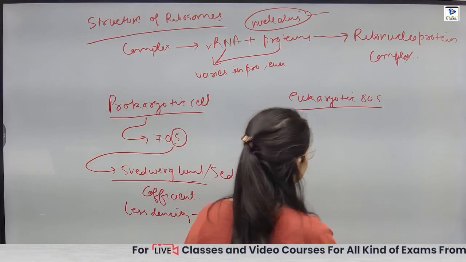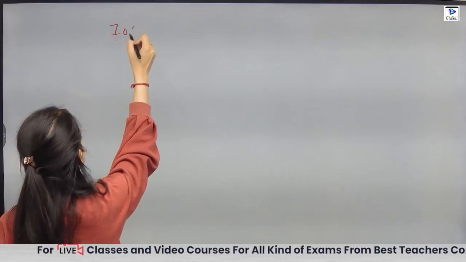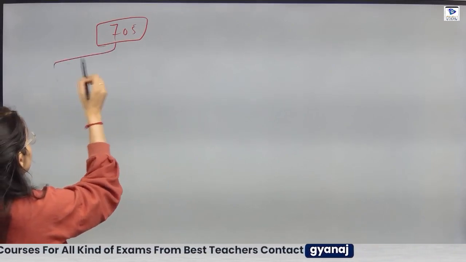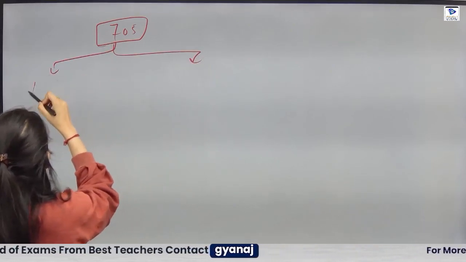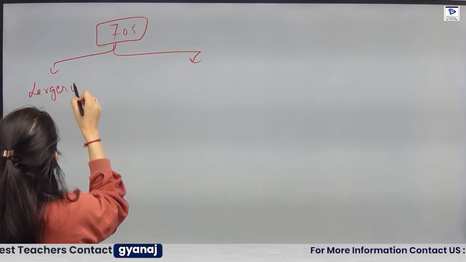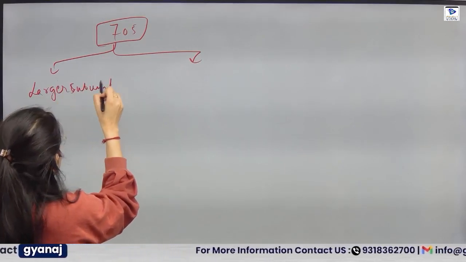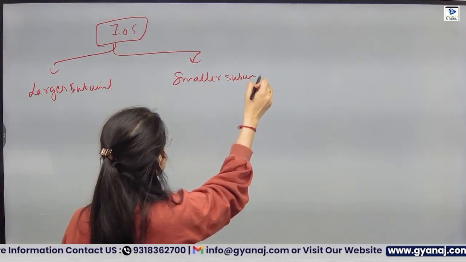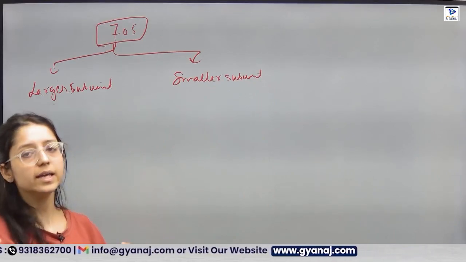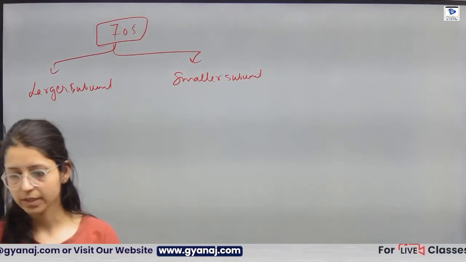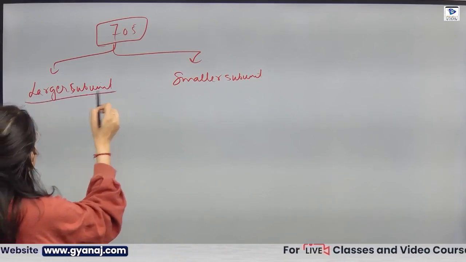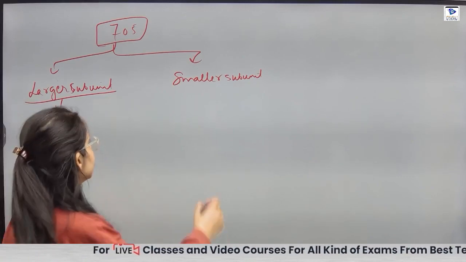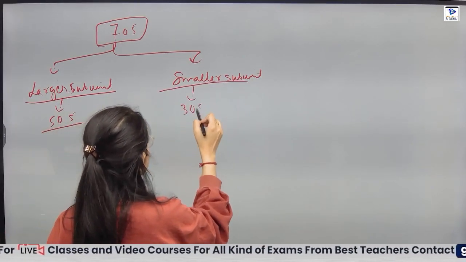So when we say 70S, that is in the prokaryote. 70S is again made up of two subunits: one larger subunit and one smaller subunit. I told you these are made up of rRNA and proteins. So in 70S we have the 50S, the larger subunit, and the 30S, the smaller subunit.